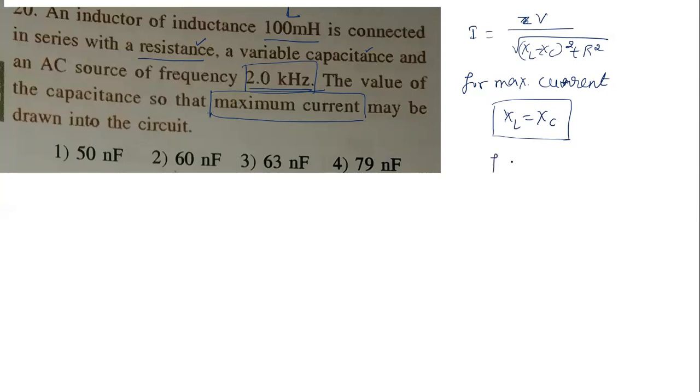I'm going to take frequency F equal to 1 divided by 2 pi square root of LC. Squaring both sides, F square equals 1 divided by 4 pi square LC.